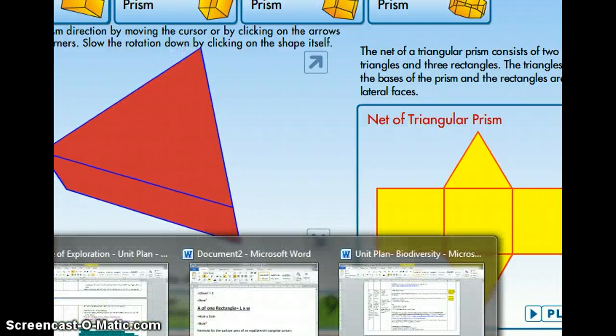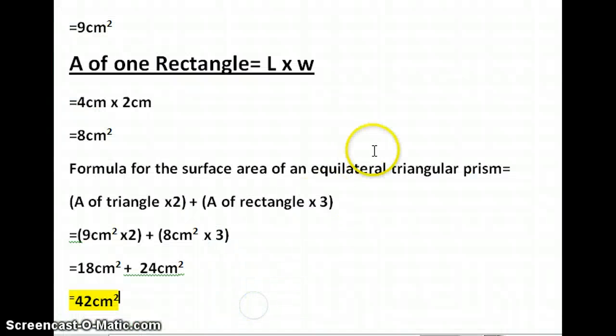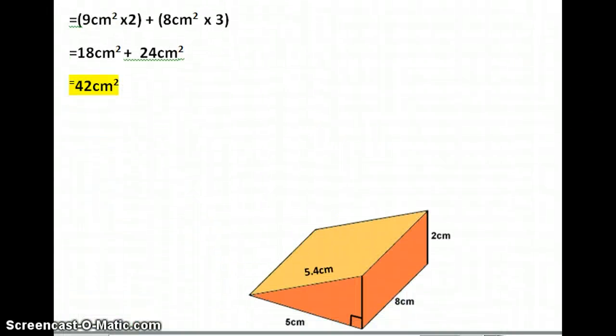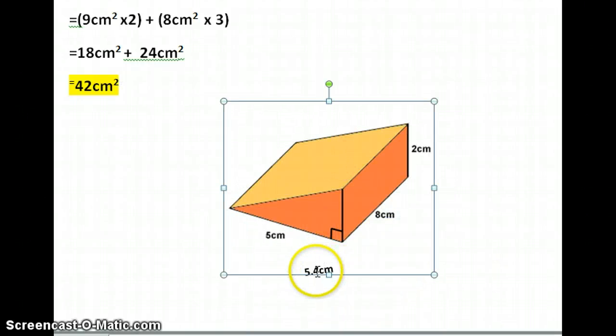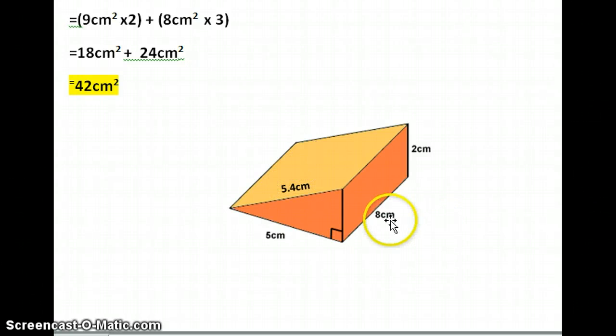All right, now I have a little challenge for you. I have a right-angled triangular prism here. Can you see that? I want you to try and figure out its surface area. So what you'll have to do is figure out the area of these 2 triangles. This side is 5 centimeters, and this is 2 centimeters. There are 2 of those, and then there are 3 rectangles.